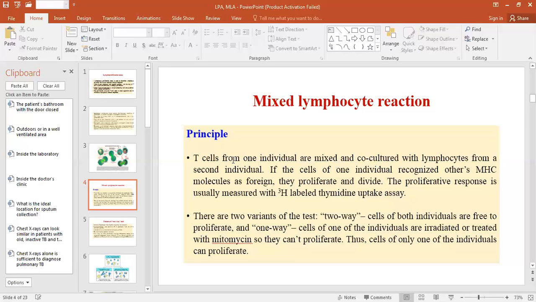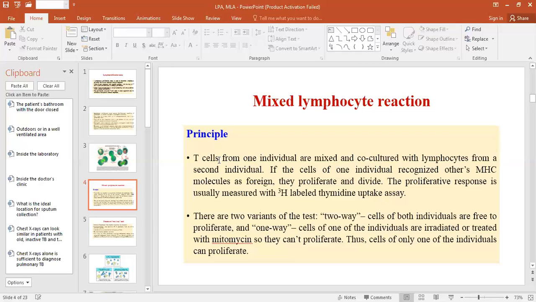There are two variants of the test, means two ways of the test, coming from the two individuals. In a two-way assay, the cells of both individuals are free to proliferate. And if we are using a one-way assay, the cells of one individual are irradiated or treated with a mitogen, say mitomycin C, so they cannot proliferate, but the others can.